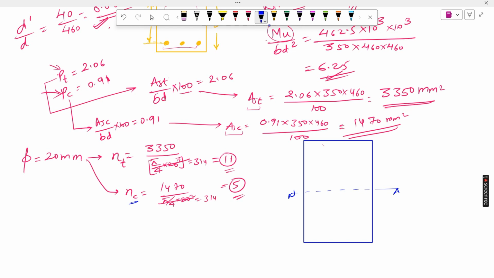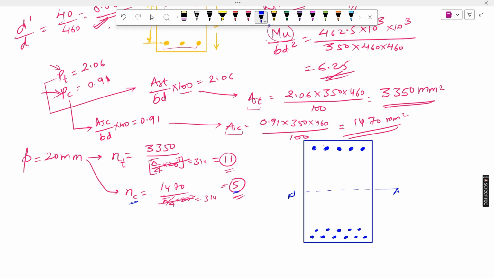In compression you have to provide how many bars? 5 bars. 1, 2, 3, 4, 5. And at the bottom 11 bars should be there. So how will you manage 11 bars in 350 mm width? 1, 2, 3, 4, 5, 6 like that, and 5 you take here like this.